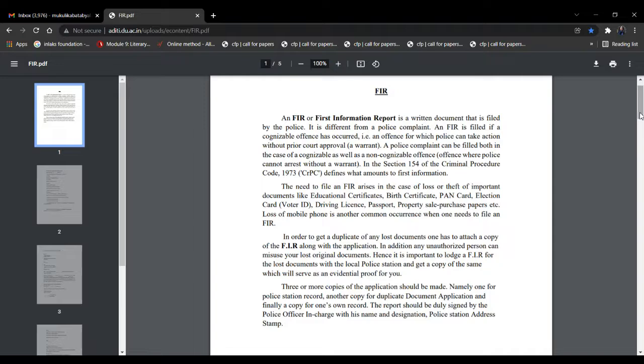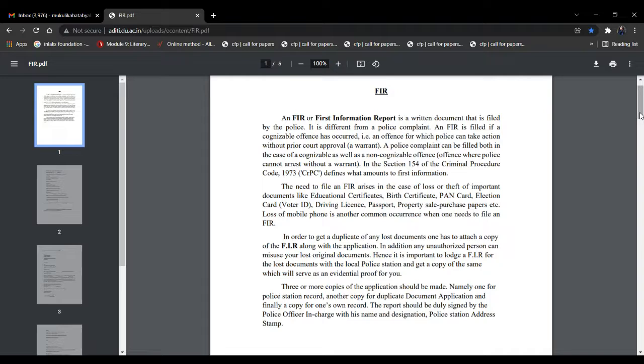An FIR is filed if a cognizable offense has occurred. Now, what is a cognizable offense? That is an offense for which police can take action without prior court approval. Say when something is stolen or lost, you don't need to wait for a court order, as opposed to searching somebody's house, property or car.